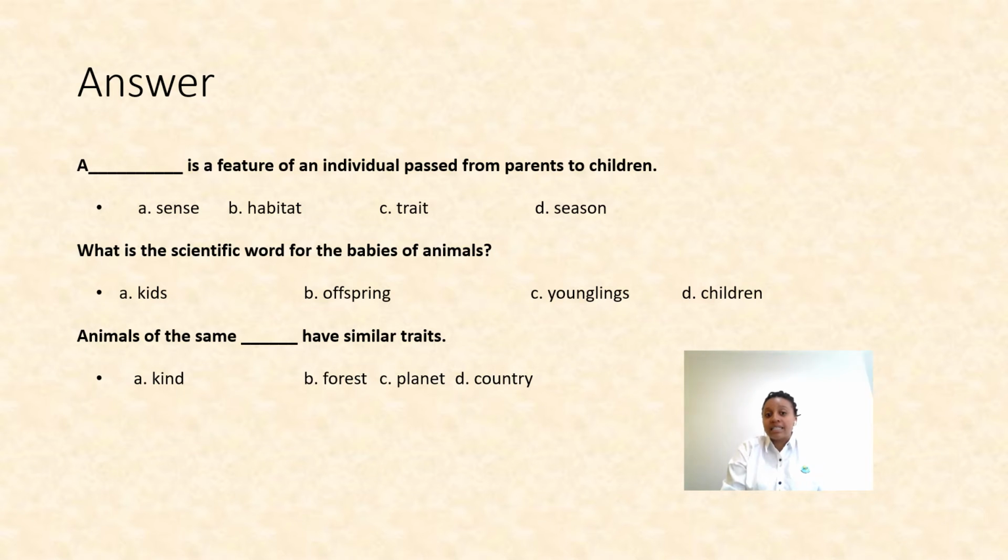What do you think is its sense? A sense is a feature of individual passed from parents to children? No. Habitat? No. Trait? And season. So I will say trait. A trait is a feature of an individual passed from parents to children.